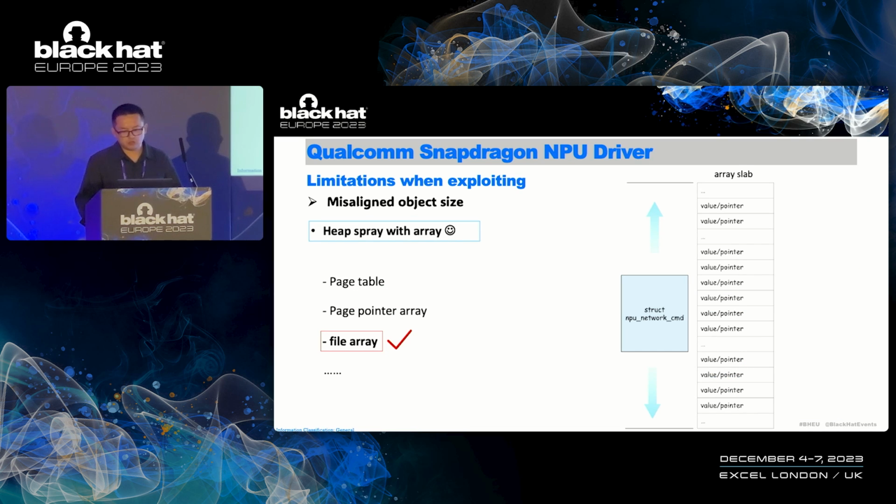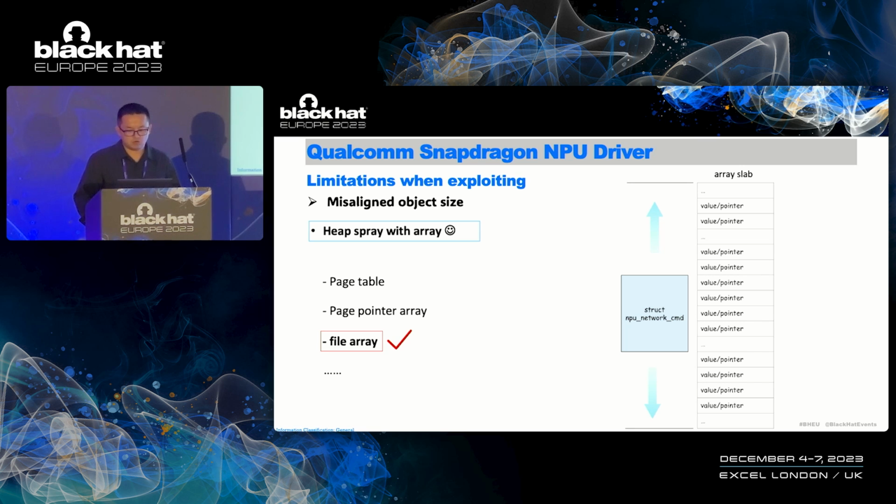But if we try to occupy the released MPU network command object with arrays, things become simple. As you can see here, no matter where the released MPU network command object locates in the array slab, the content in the released MPU network command object can always be the same.